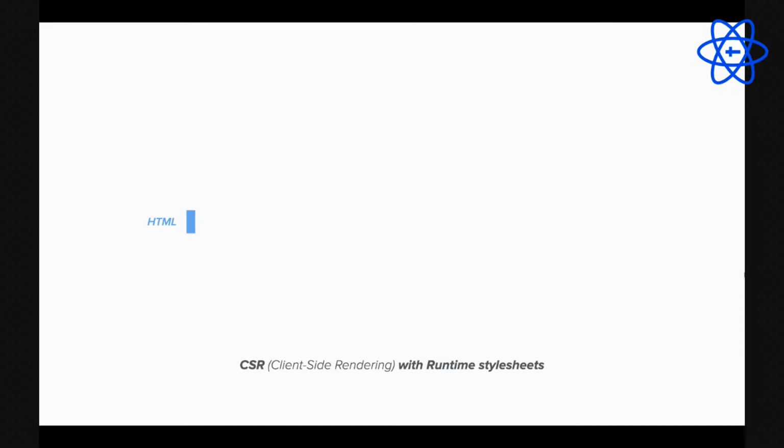It's basically an empty container that will render everything on the client. We will get a huge JavaScript bundle, and part of this JavaScript bundle will be represented by the style definitions, as mentioned earlier. And of course, we need to ship that runtime to inject the styles into the DOM at runtime.